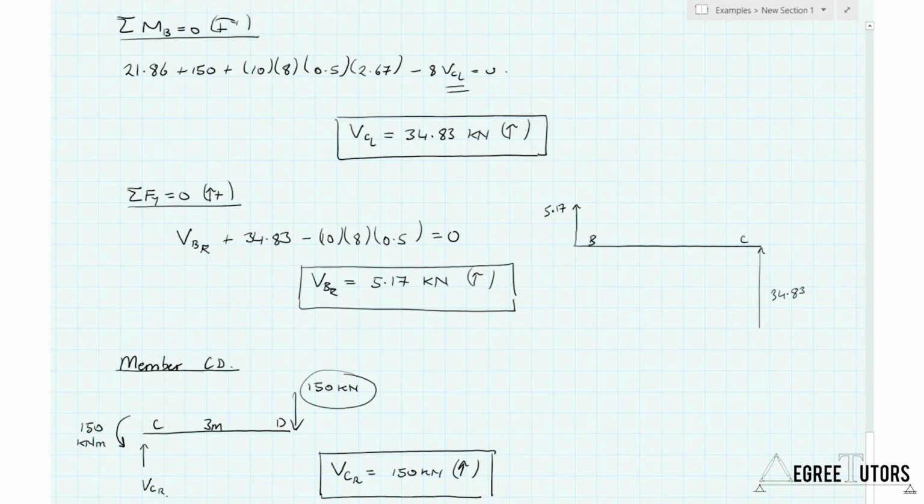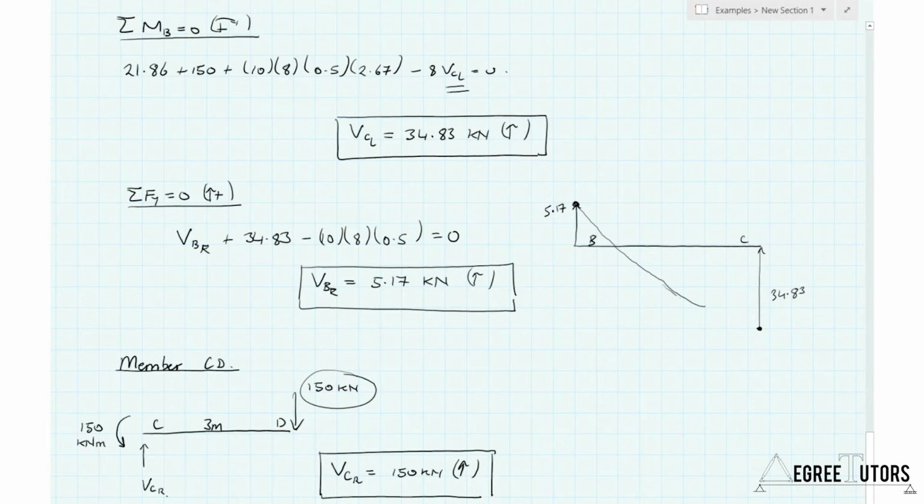Now, like before, I've got to get from over here to over here in my shear force diagram. And again, because we have a linearly decreasing magnitude, we are going to have a curve. That curve is going to be steepest where the load intensity is at its highest, at joint B. So we start off with a steep curve, becoming shallower and shallower as our load intensity reduces.